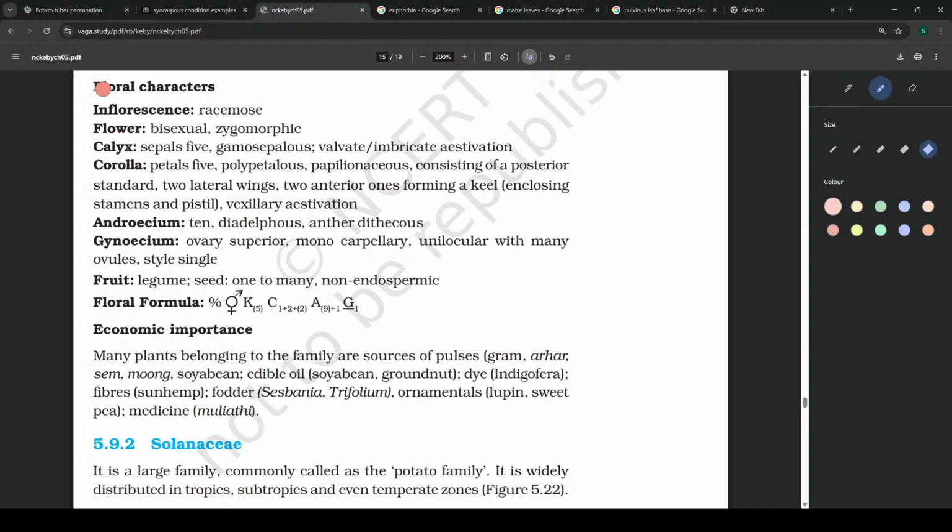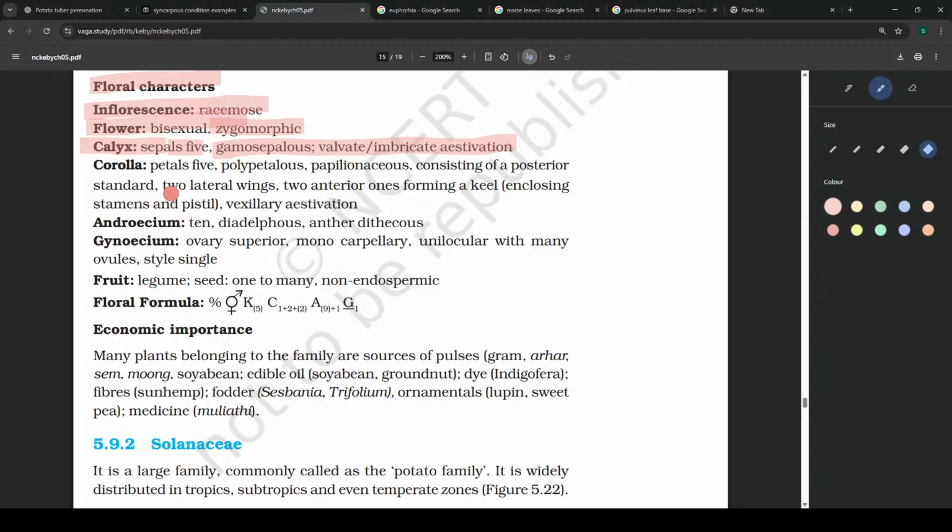Now, floral characters. Inflorescence, it is a racemose inflorescence, infinite growth. Flower, bisexual, zygomorphic. Calyx, sepals 5, gamosepalous, valvate or imbricate aestivation. That is for the calyx, not the corolla. Corolla is vexillary.